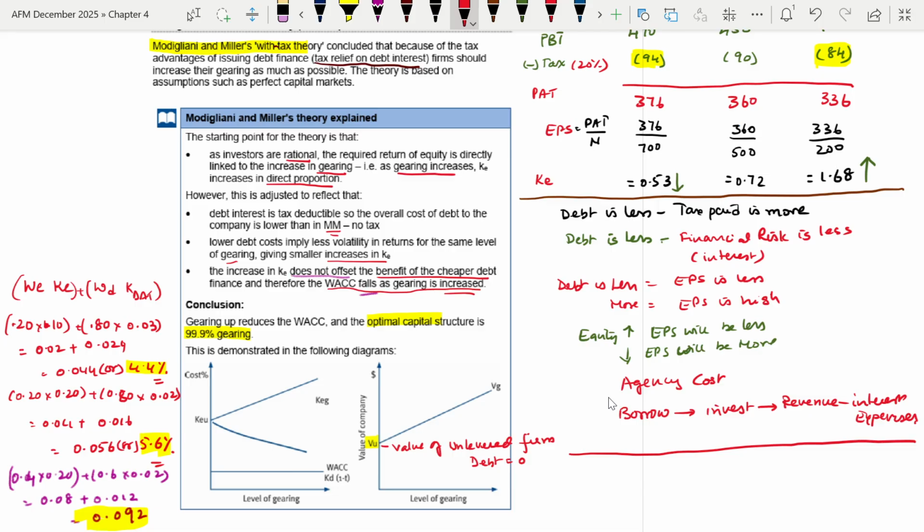Cost of equity unlevered. Cost of equity G means geared, so make it a point. Value of geared firm. Cost of equity of geared firm. Cost of equity of unlevered firm.